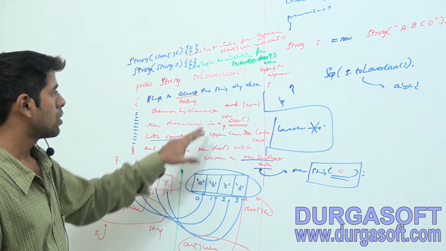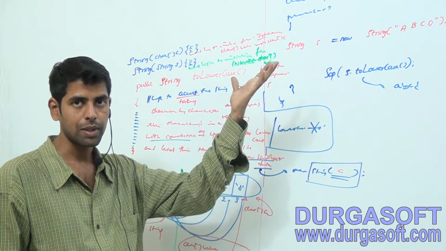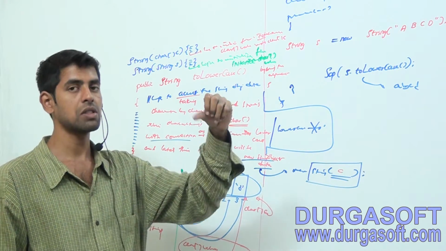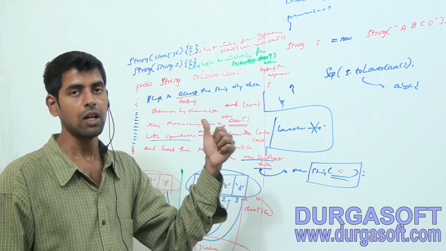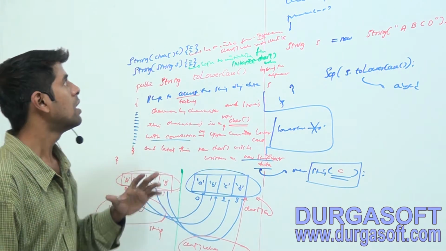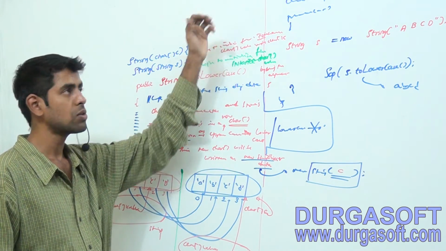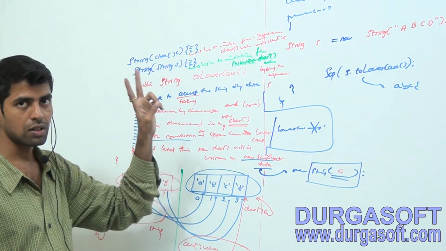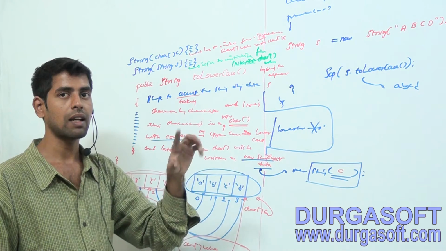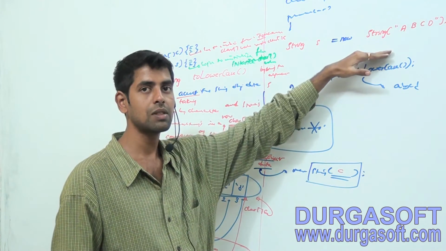We have used the toLowerCase method to convert uppercase alphabets to lowercase, which is a predefined method. In order to explain this thing, I have used a few things. What are those? I have talked about this final instance char array value, and also I have used one of the two constructors, which have argument as char array. The other one is a String. Because of this instruction, what happens in memory?